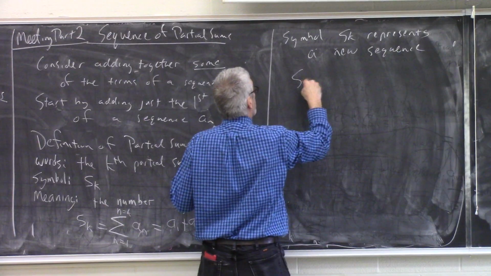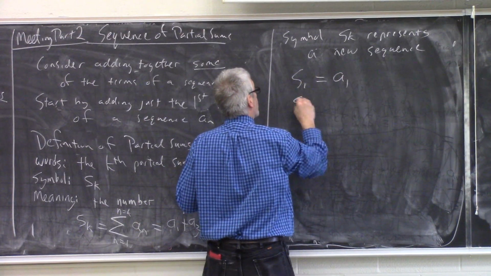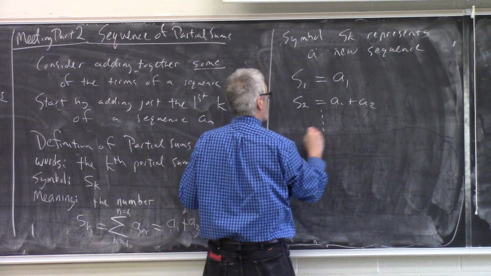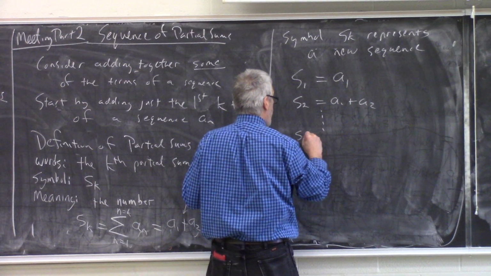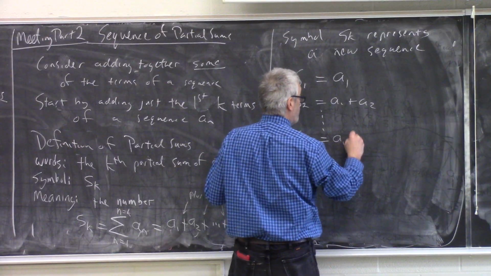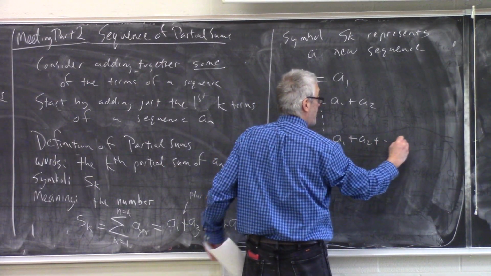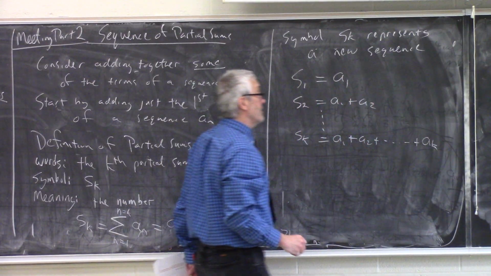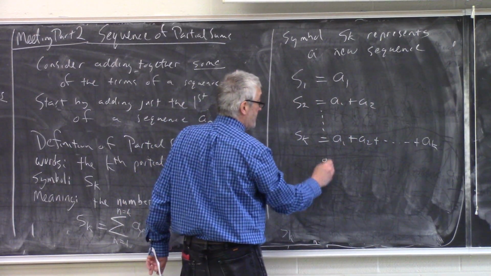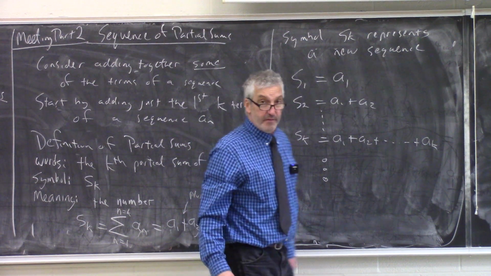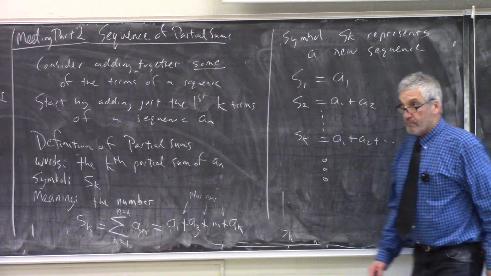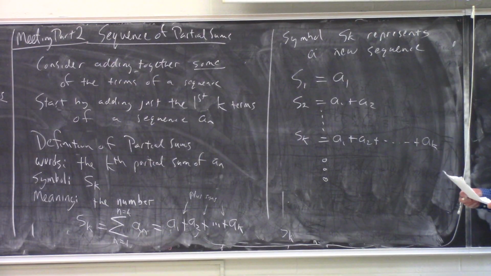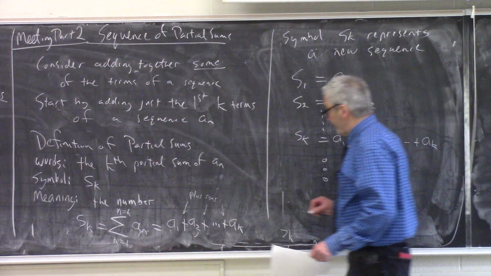So S subscript 1 is just a1, S subscript 2 is a1 plus a2, and so forth. We end up with S subscript k being a1 plus a2 plus ... plus a subscript k, ending there, and go on. Every one of the terms in this list is a number, and it's obtained by adding together a finite batch of numbers. This is called a sequence of partial sums.